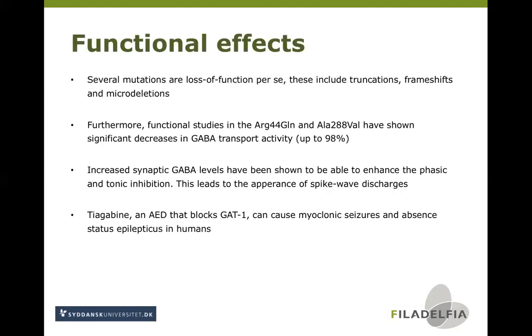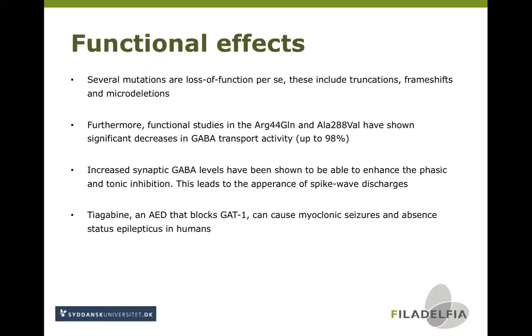And this has also been seen previously, that several mutations are a loss of function per se, like the truncations and frame shifts and microdeletions. But there have also been functional studies of the arginine 44 and the alanine 288 mutations, and they both showed significant decreases in the GABA transport activity, up to as much as 98%. So definitely loss of function.